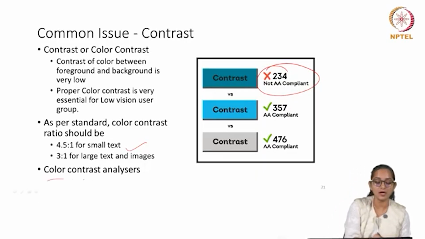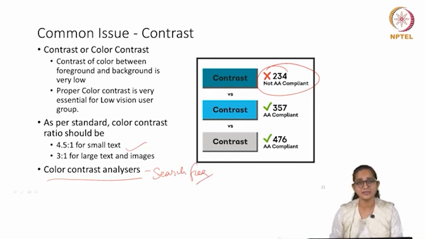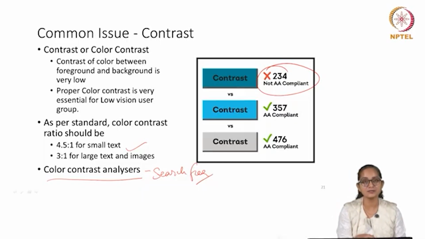There are also other color contrast analyzers which you can search for. You can just type color contrast analyzers for web accessibility or digital accessibility in your search engine, and it will show you. These analyzers are evolving, and a lot of AI-based tools are coming up.